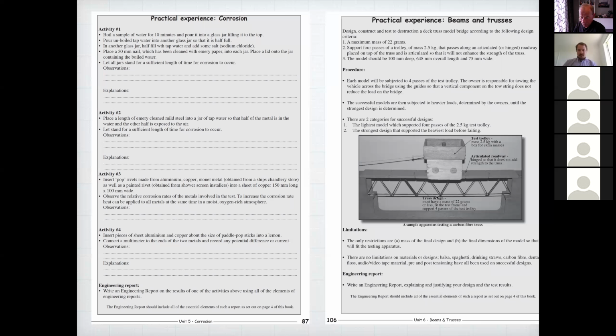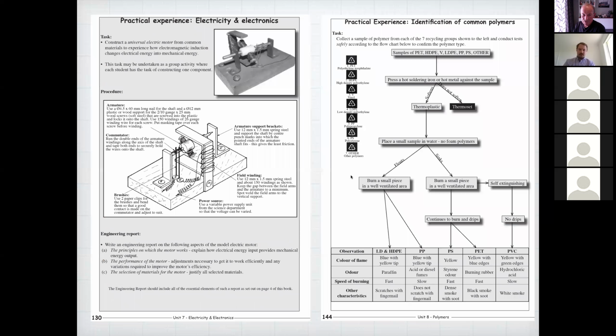And we get the students to watch when it's just on the verge of failing to see that that is the one that lets go first. And generally it does let go first. So they're relating their mathematics to what actually happens. Yeah, that was a very successful one.